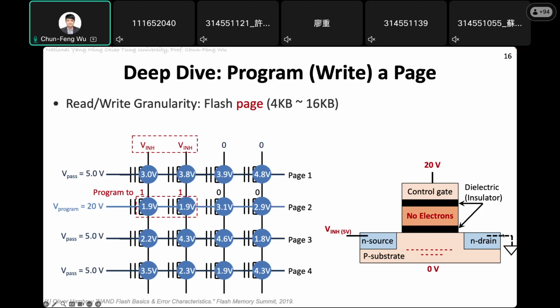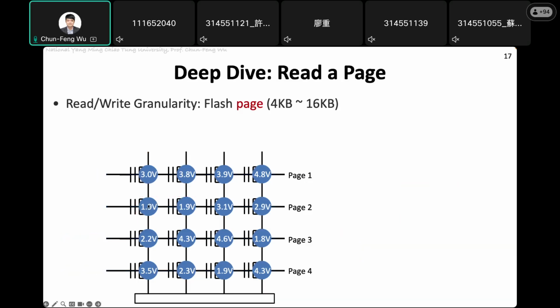They will be dragged off by this direction of voltage, go directly through the drain and get off. So this is the reason why if you directly apply an inhibition voltage on the bit line, the corresponding memory cells will not be programmed.